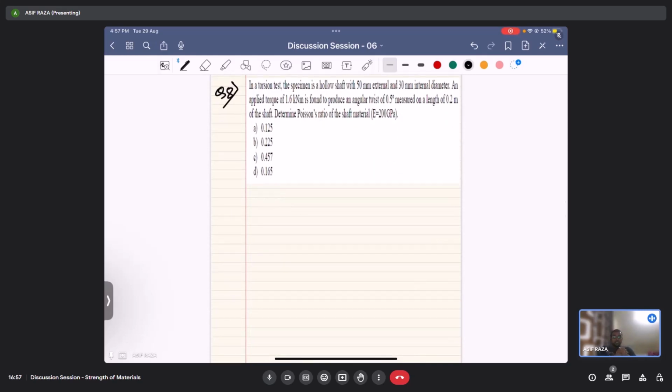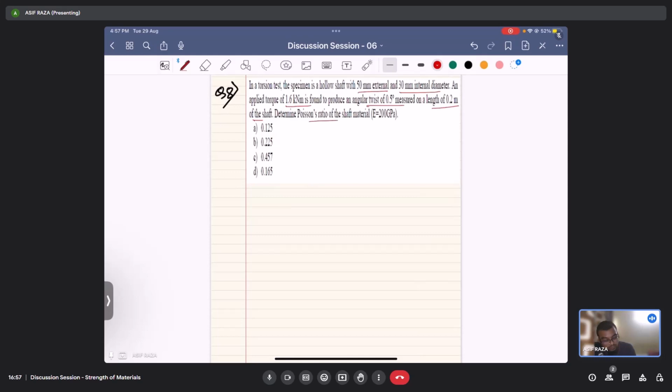Question number 8. In a torsion test, the specimen is a hollow shaft with 50 mm external and 30 mm internal diameter. An applied torque of 1.6 kN is found to produce an angular twist of 0.5 degree measured on a length of 0.2 meter of the shaft.